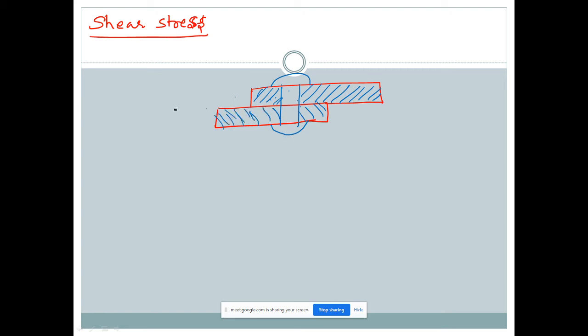Now let us imagine this plate is subjected to a tensile force of value P, and similarly this plate is subjected to value P. Now you just say whether the plate remains as it is, or whether the plate is going to bend, or the rivet is going to change its dimensions, or the rivet is going to shear.